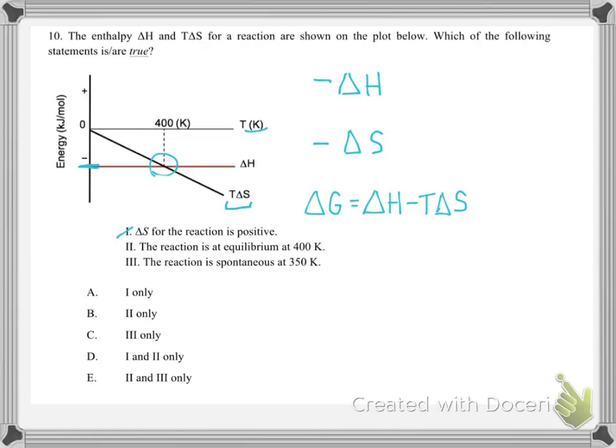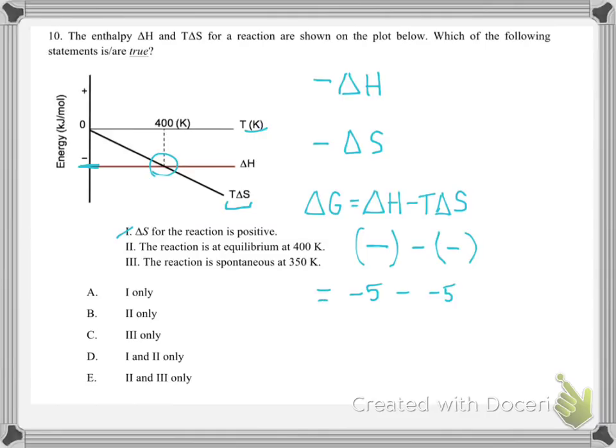So what we'd have is some negative delta H, and we'd be subtracting off an equal sized negative T delta S. So let's pretend delta H is -5. And we know T delta S is the same, so it's also going to be -5.